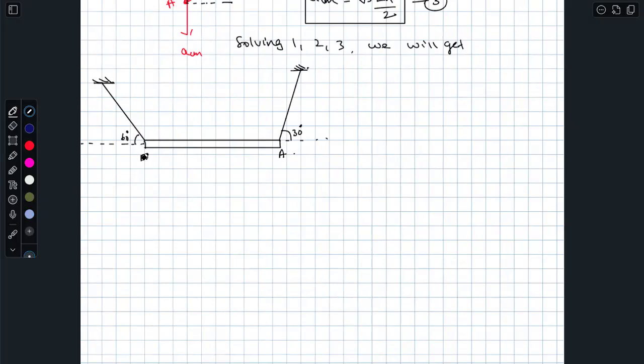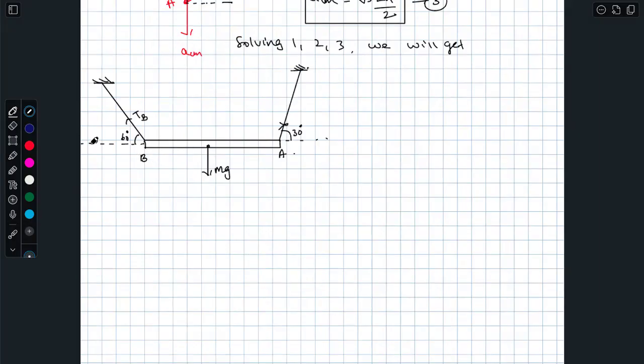Let this be end P. And you just cut the string here. Remember, immediately after cutting, let the tension in the string be TB. Weight is mg.